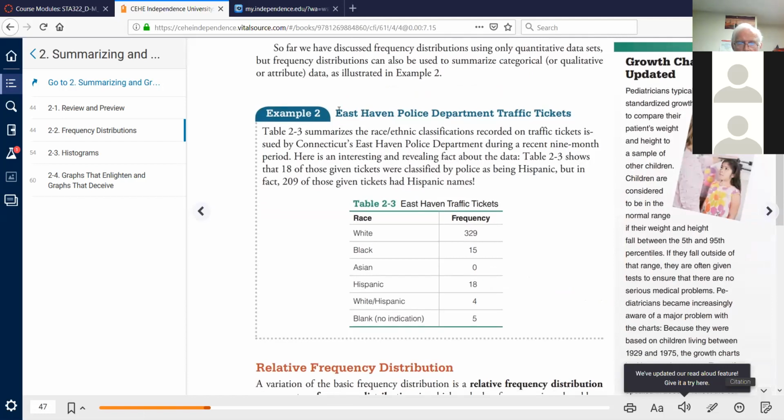Here we have the East Haven, Connecticut Police Department traffic tickets that were given.